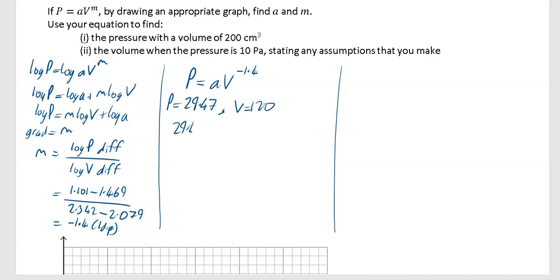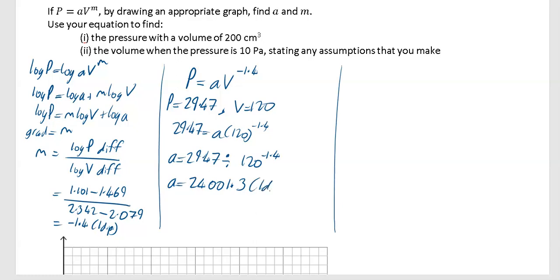That's 29.47 is equal to A times 120 to the power of minus 1.4. So that means my A is going to be equal to 29.47 divided by 120 to the power of minus 1.4. So that works out to be my A to be 24001.3 to 1 decimal place.